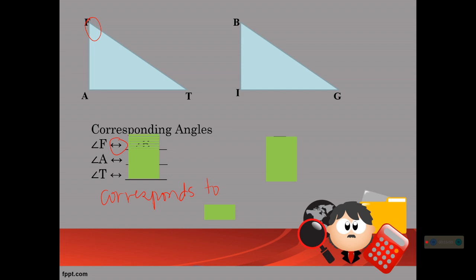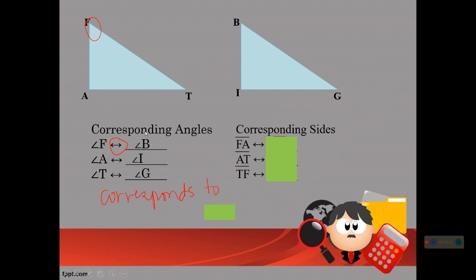That's correct, we have angle B. And then on the first triangle, angle A corresponds to blank on the second triangle. We have angle I. And then angle T corresponds to angle G. So these are the corresponding angles of these two triangles.